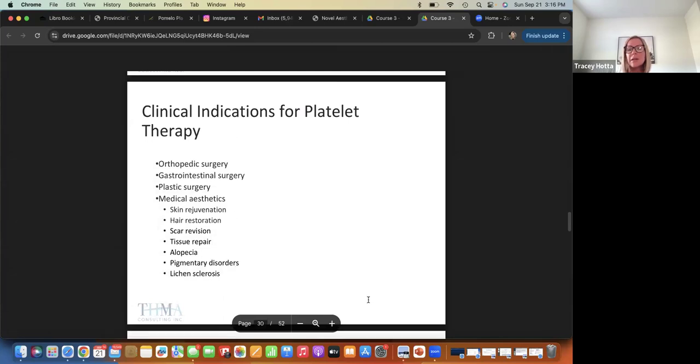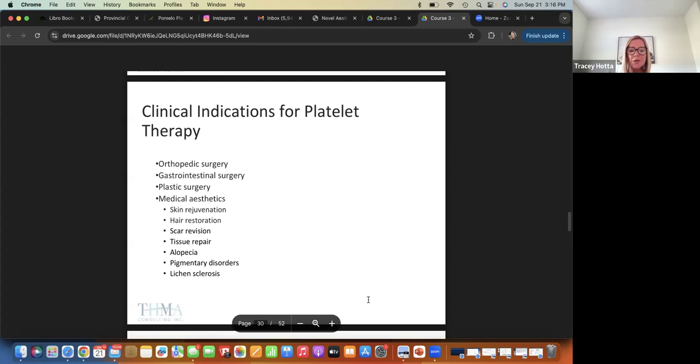What are the clinical indications for platelet therapy? It's used a lot in orthopedic surgery and gastrointestinal surgery. I had it recently for a dental surgery. It can be used in plastic surgery and in medical aesthetics.